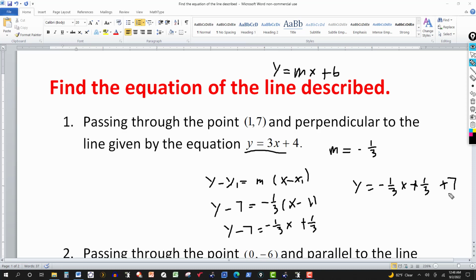I get y equals -1/3 x. Get a common denominator here for the last two terms, 1/3 and then 7 over 1. Make this 7 over 1 multiplied by 3, and the denominator gives me 21 over 3.